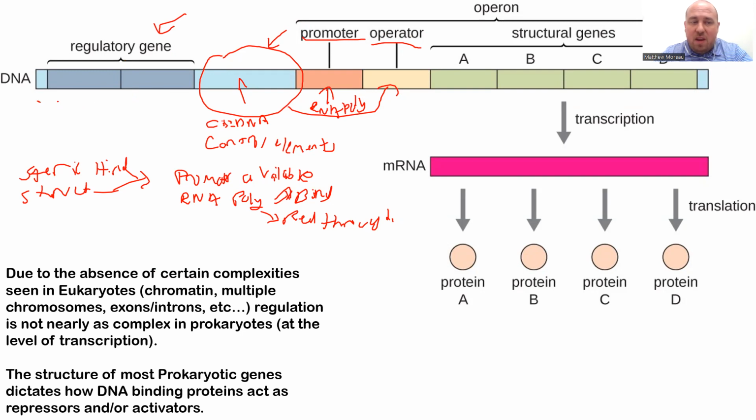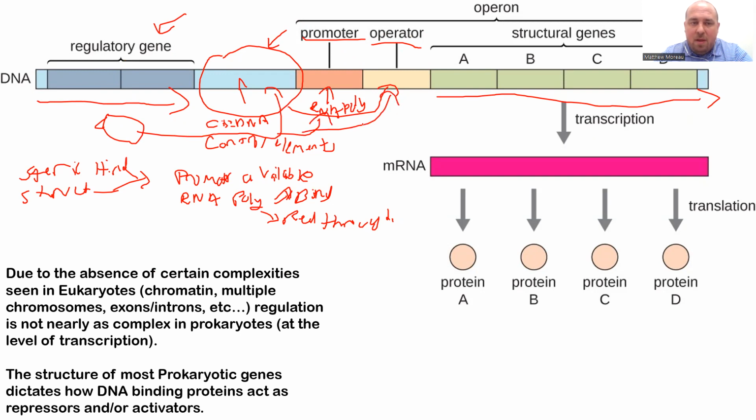And so the idea is that as these are being transcribed, independent of transcription of the genes that they are regulating, this creates a regulatory protein that can either bind to these regulatory elements or to the operator.